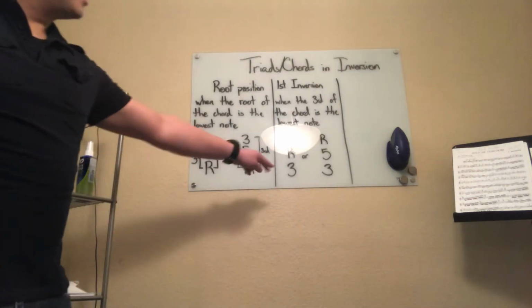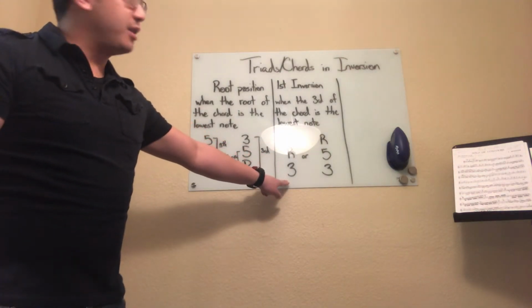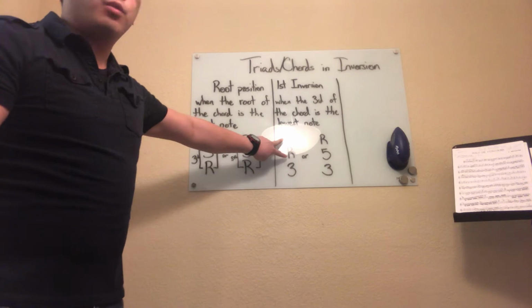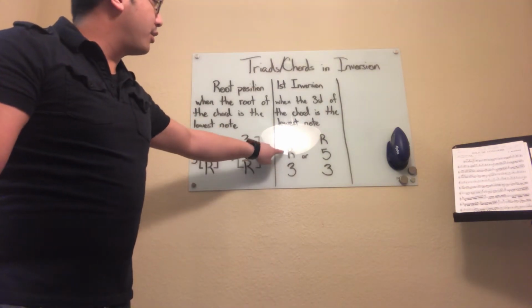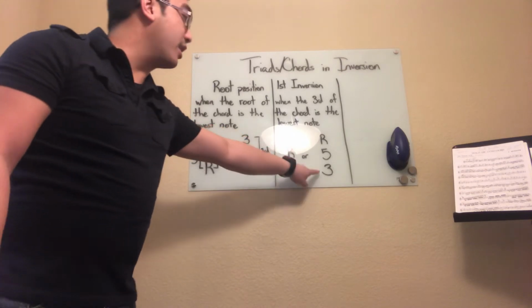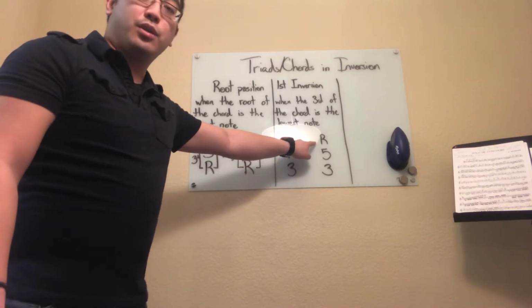So here, the third of the chord is the lowest note, and the notes above don't really matter what order they're in. In this case, you have a third, the root, and the fifth. On the other side, you have a third, the fifth, and the root.